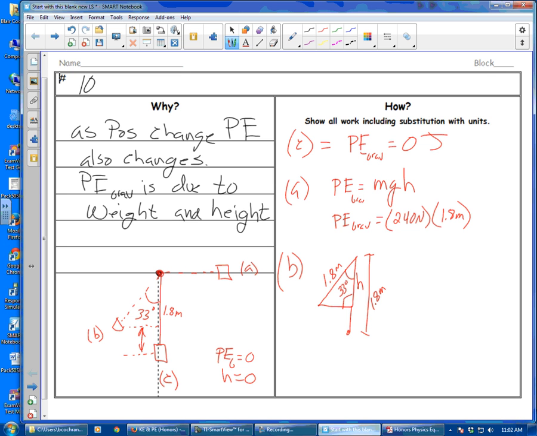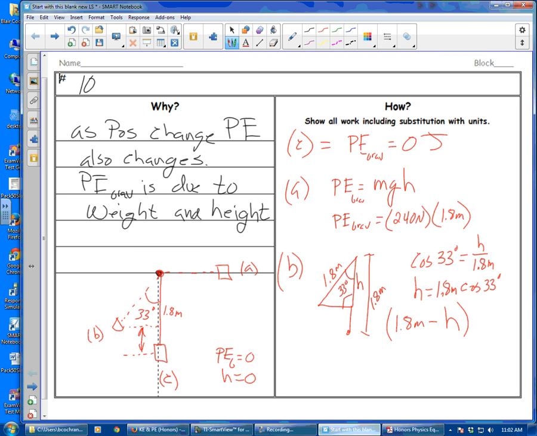So cosine of 33 degrees is adjacent over hypotenuse, h over 1.8 meters. So h equals 1.8 meters times cosine 33 degrees. And then the actual height that we want is 1.8 meters minus h for our calculation.